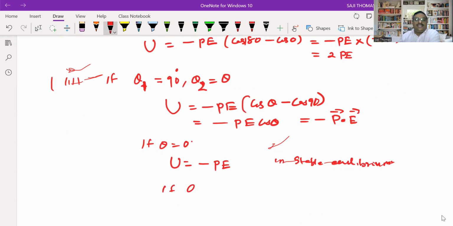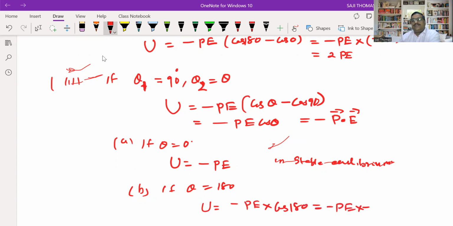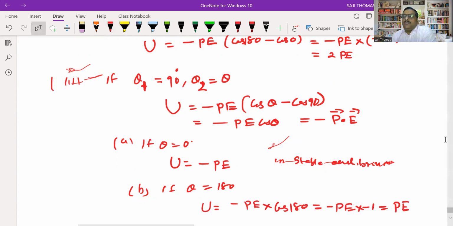If theta is 180 degree, what will be the potential energy? Minus P E into cos 180 is minus P E into minus 1, P E. So potential energy is positive.